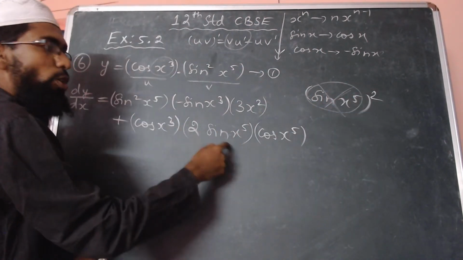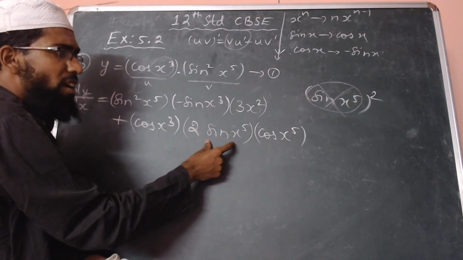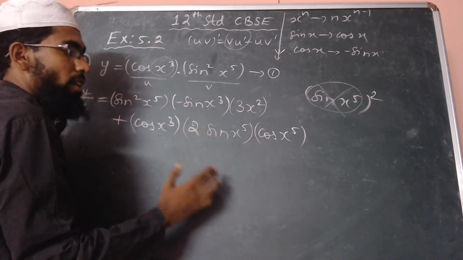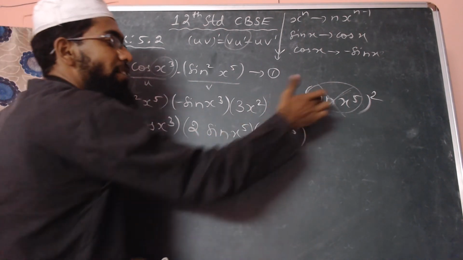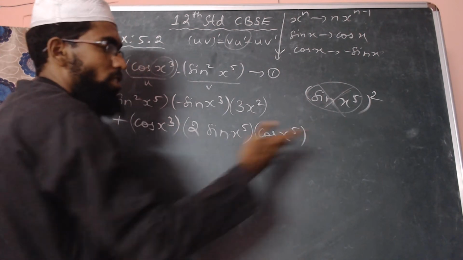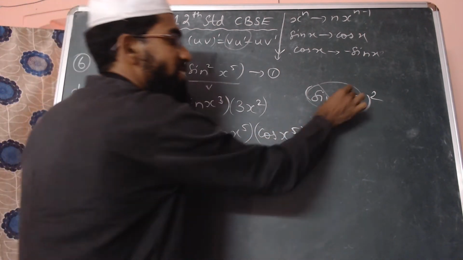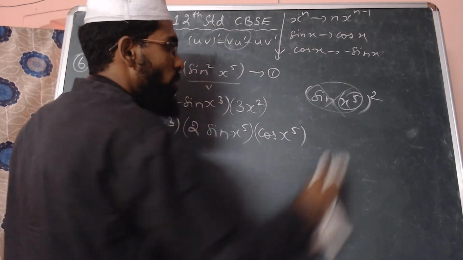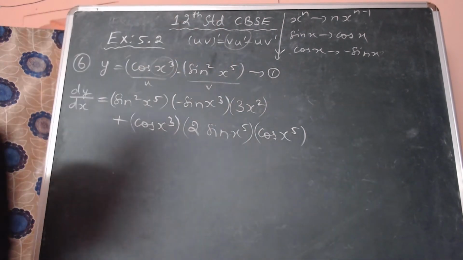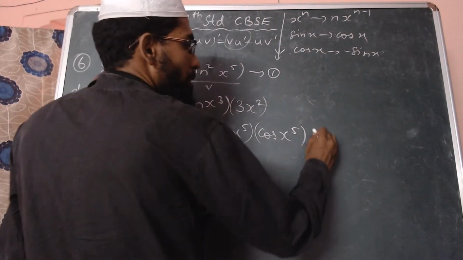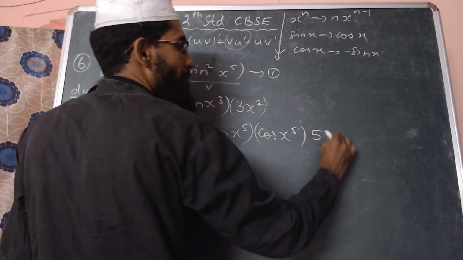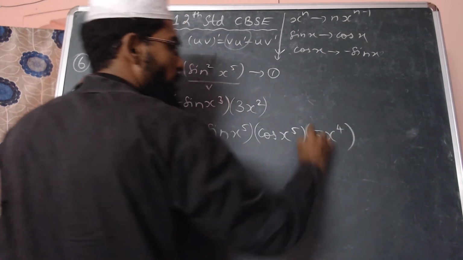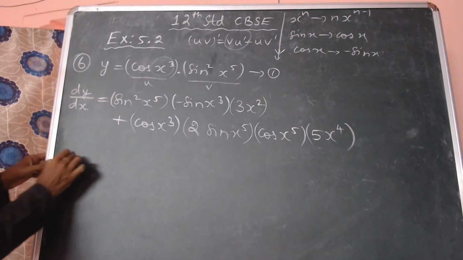So I got 2 into sine of x power 5. Then I differentiated sine: sine of x power 5 is cos of x power 5. Now I have to differentiate this x power 5. So if I differentiate that x power 5, I'll be getting 5 into x power 5 minus 1, which is 4. Got it?